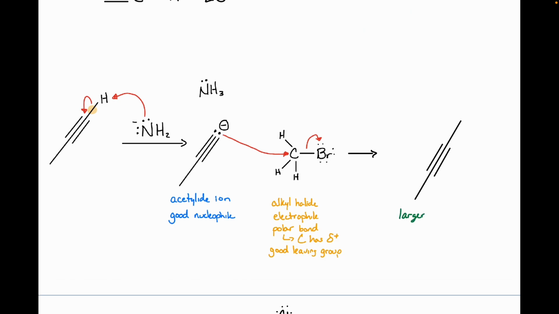So we just created a larger, well, starting out with a small, what we would call a terminal alkyne, one where the triple bond is on the very end of the molecule. We end up with a larger internal alkyne. Now the triple bond is in the middle of the molecule, right?